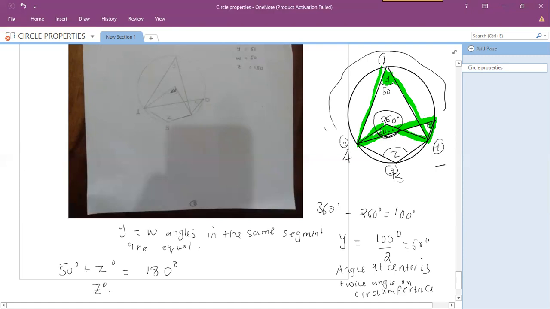So Z degrees will be 180 degrees minus 50 degrees. So 180 minus 50 degrees, we're going to get 130 degrees. Why? Opposite angles in a cyclic quadrilateral add up to 180 degrees.